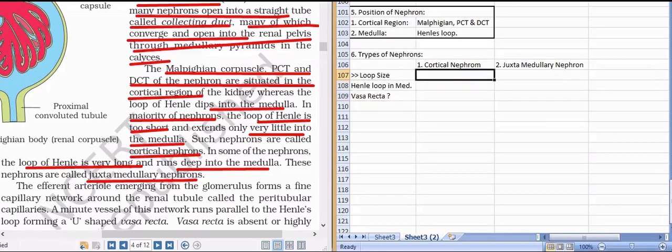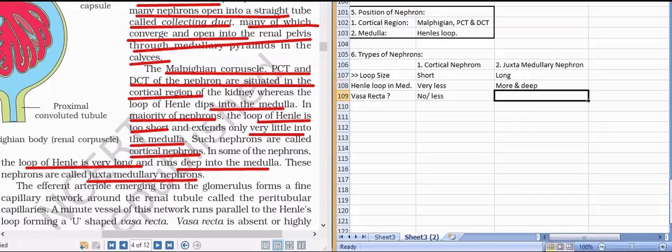So what is the first, the loop in the cortical nephron? It will be very short. In this case, it is long. In the cortical nephron it will enter very little; in this case, more and deep. Here vasa recta is absent or less, and here it will be present and more.